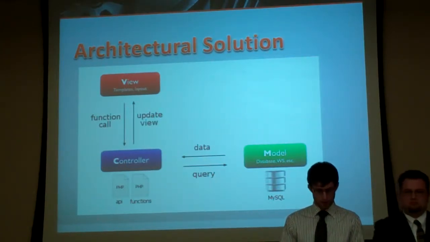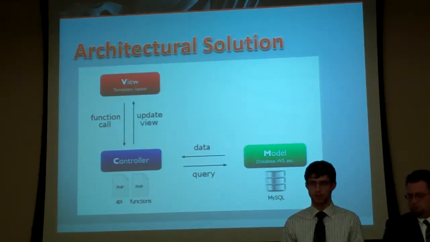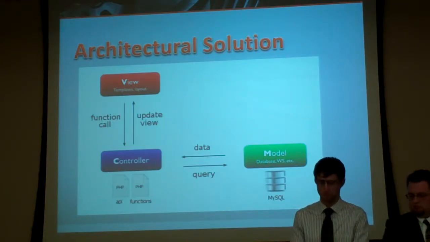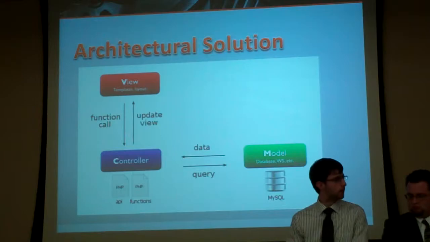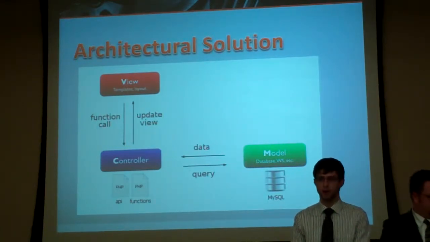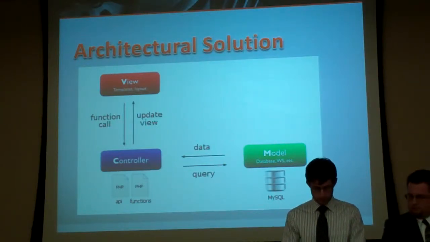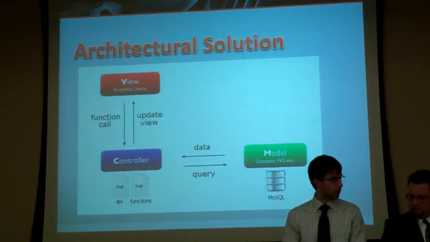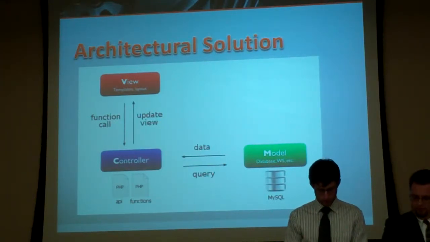Now functions.php has the helper functions, input validation, form repopulation, and other functions of that nature. That interacts with the model, which in our case is just a MySQL database on a university server, and only the API is able to access the model.